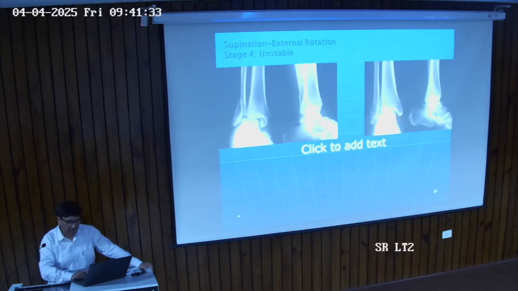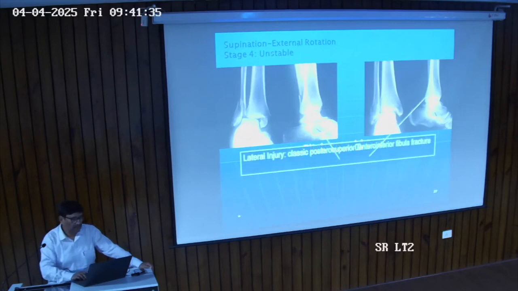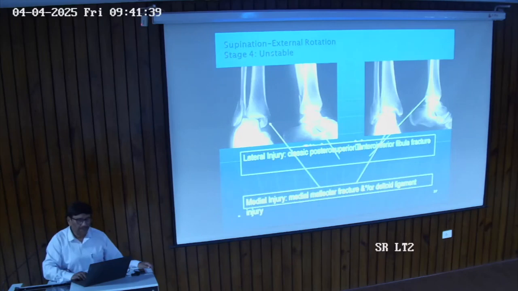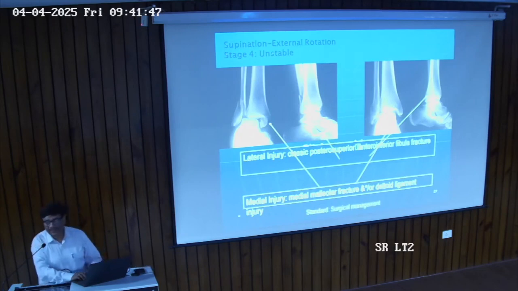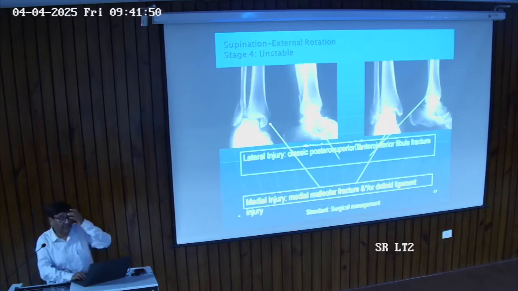So this is stage 4. Lateral injury we can see. Medial injury, medial malleolar fracture or deltoid ligament injury. So this would require surgical management, that is anatomical restoration of the fractures.